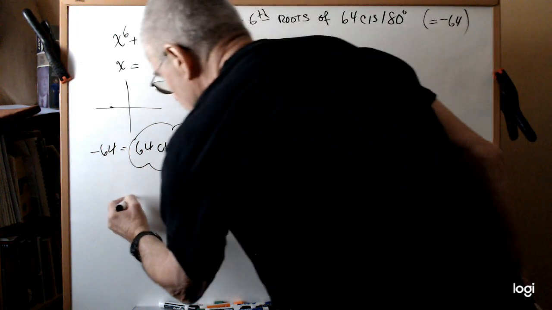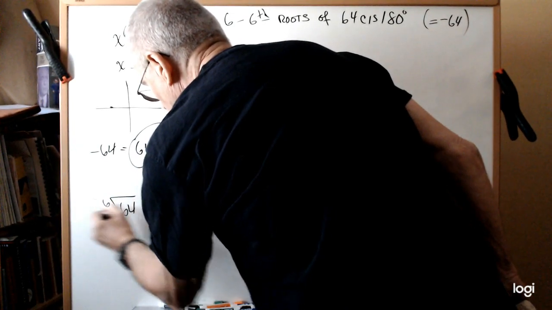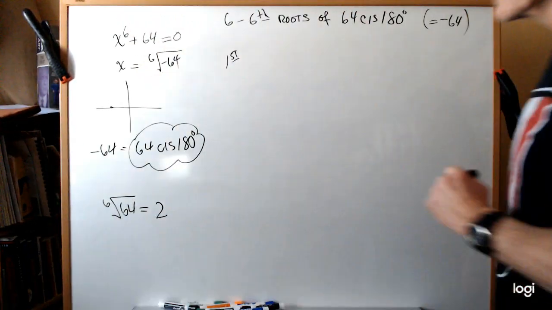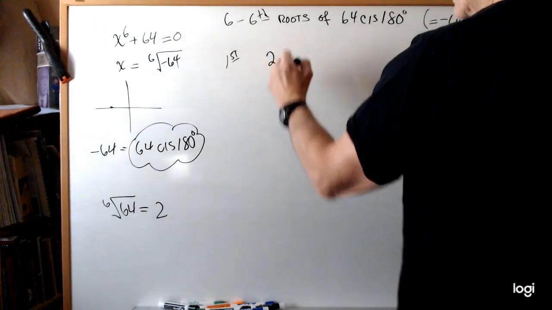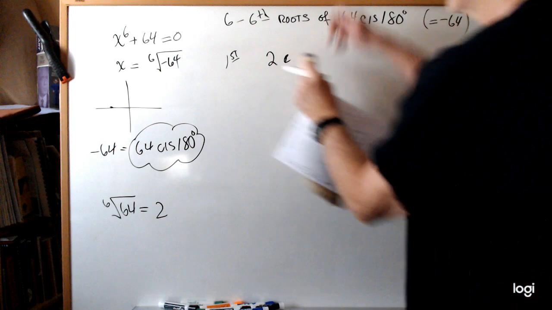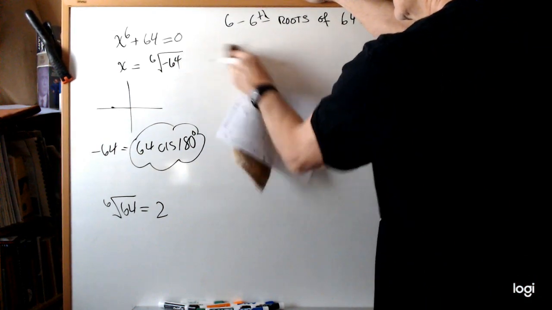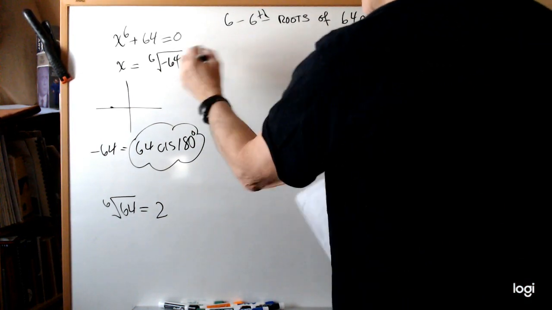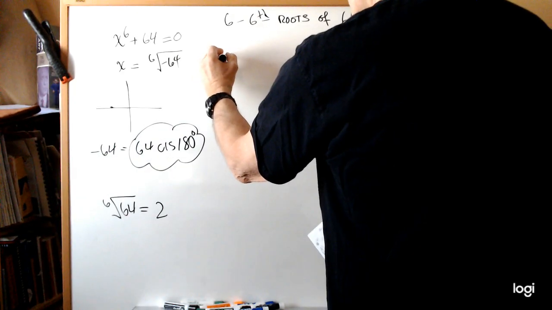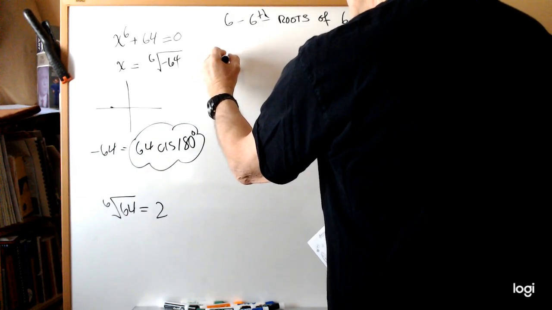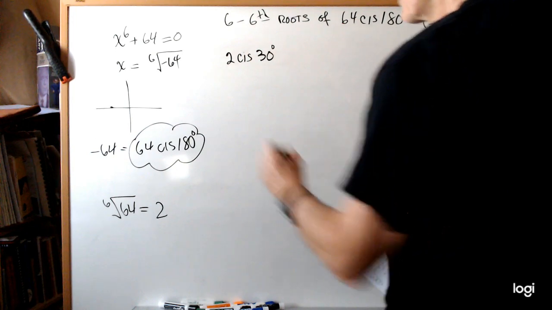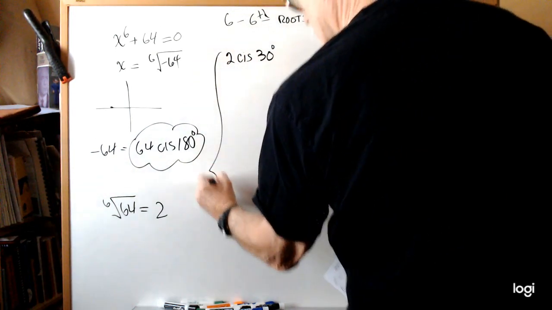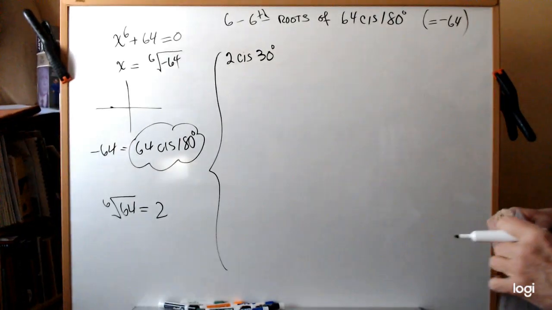The sixth root of 64 is 2, because 2 to the 6th is 64. So the first one is going to be 2 cis, divide 180 by 6, 30 degrees. So that will be our first root.